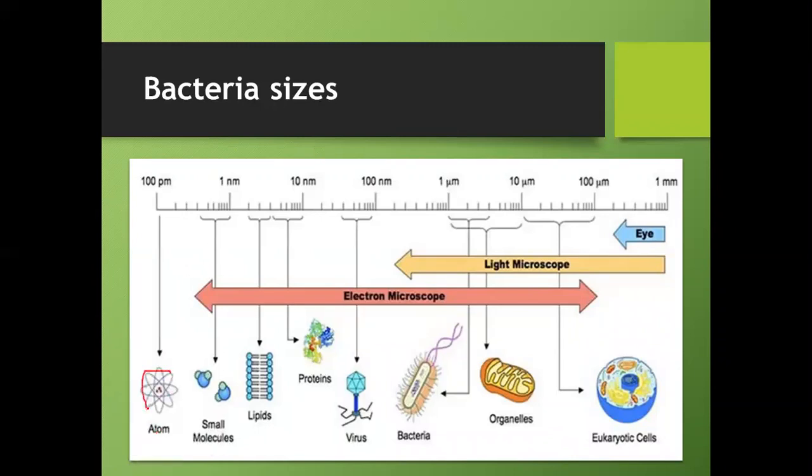Here is the smallest element known, and then we have viruses here at 100 nanometers. Then we have bacteria, and then other eukaryotic cells. So in terms of size, viruses are mostly smaller than bacteria.